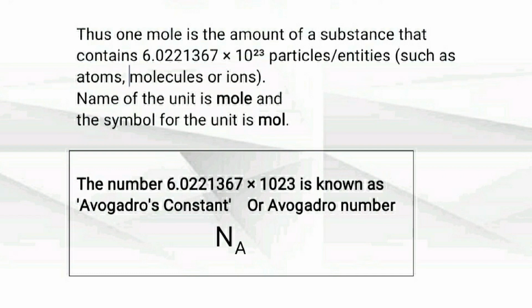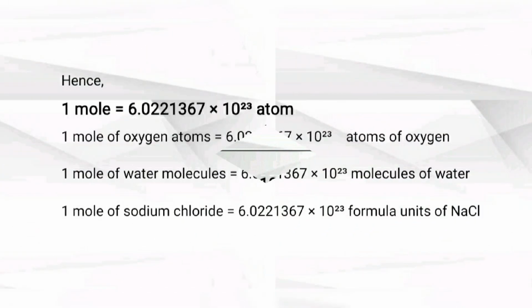Hence, according to this concept, 1 mole equals 6.0221367 into 10 to the power 23 atoms, and 1 mole of oxygen atoms consists of the same number of particles, that is 6.0221367 into 10 to the power 23 atoms of oxygen. Similarly, water, sodium chloride and all other compounds or elements consist of 6.0221367 into 10 to the power 23 particles in 1 mole.